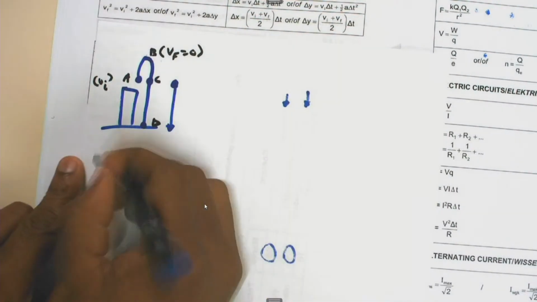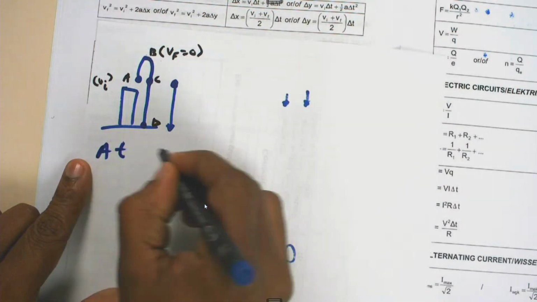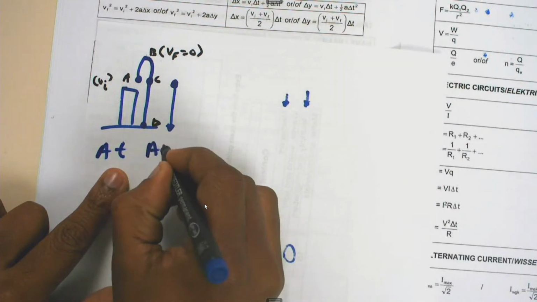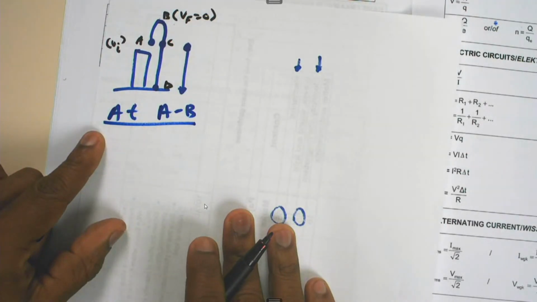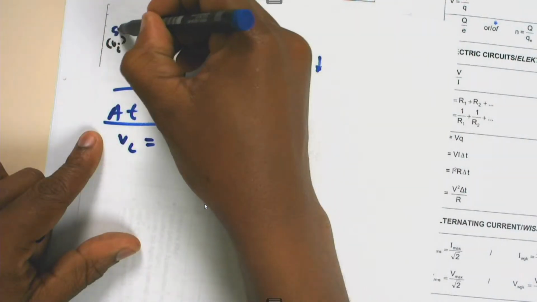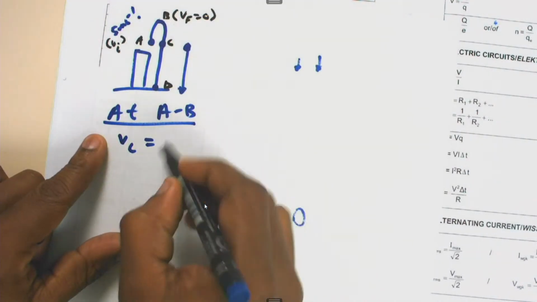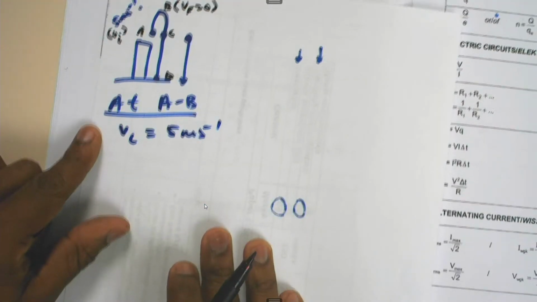If I am calculating anything at AB, the motion of this projectile from A to B, automatically V initial is given. I will say it was just 5 meters per second. 5 meters per second is given.